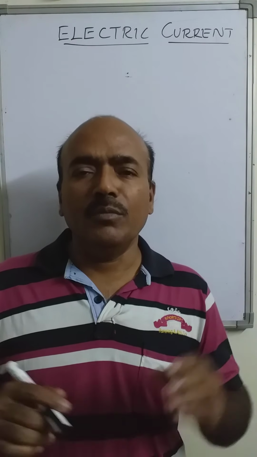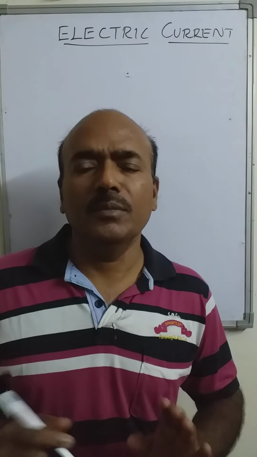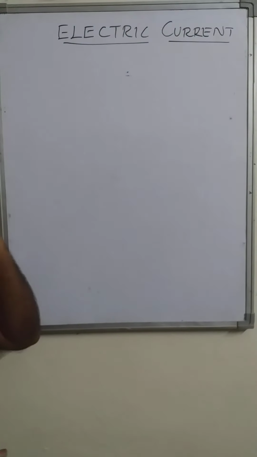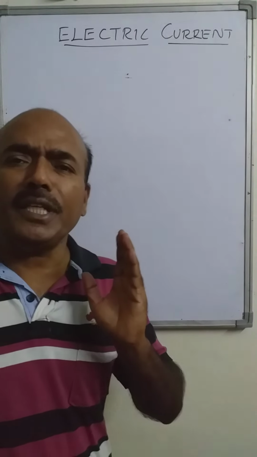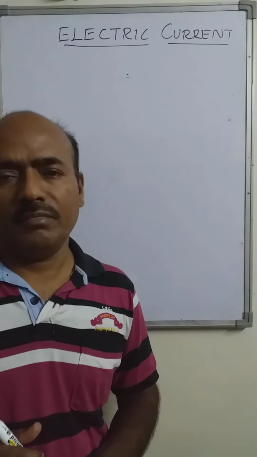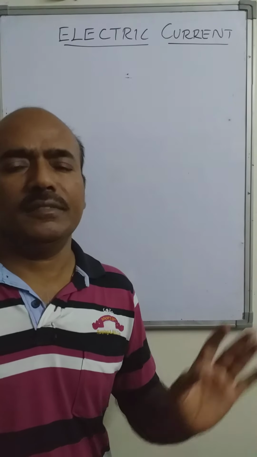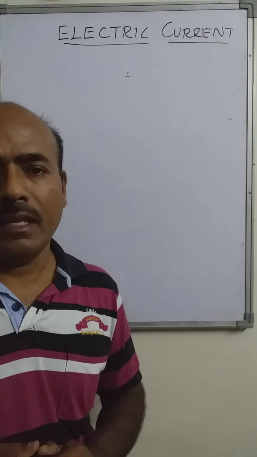You know about the electric current, that is flow of charges per unit time. This thing you know. Then what is this charge? You must know it. For this, let us start from that we have so many things. We are using them, and in our daily life we are seeing those things.